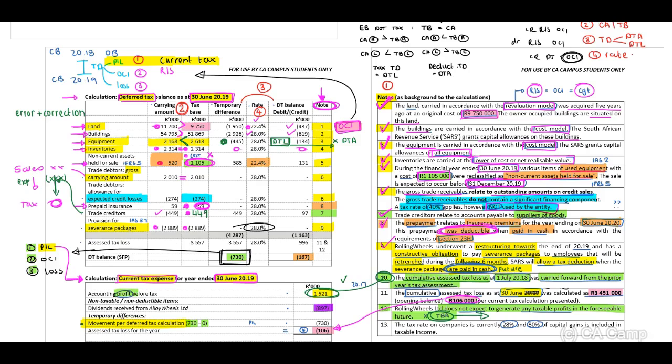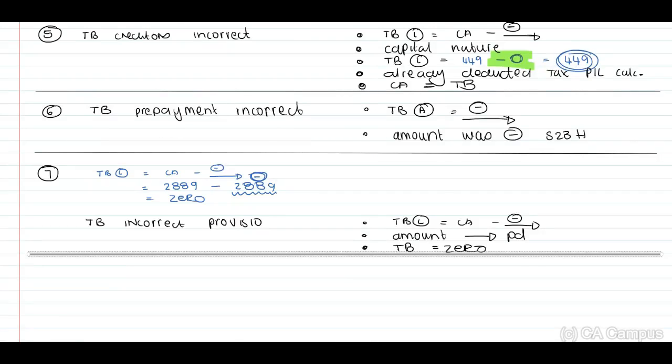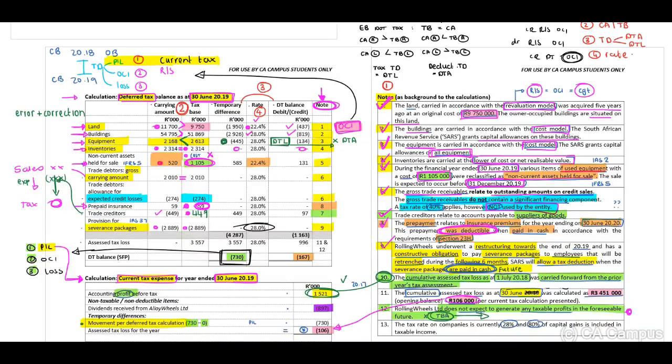Now, guys, I will include something in my correction by just stating here, I can't identify specifically if this is an error at this point of time due to the fact that I have not recalculated. Look at this, I've not really recalculated with all of the errors.